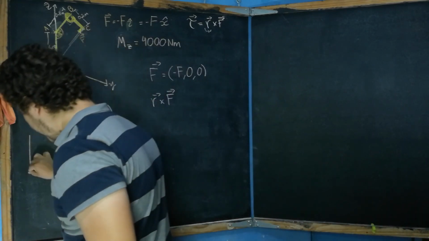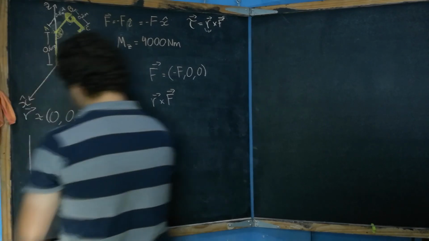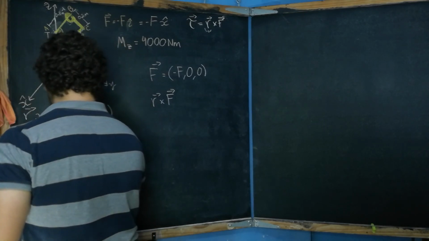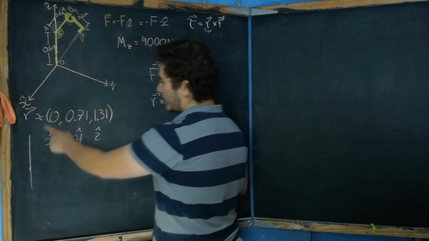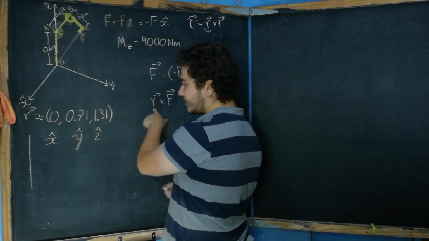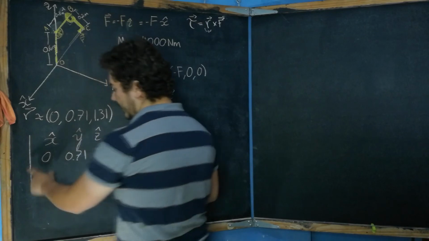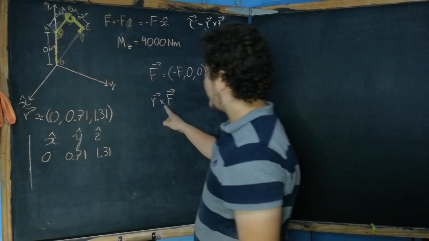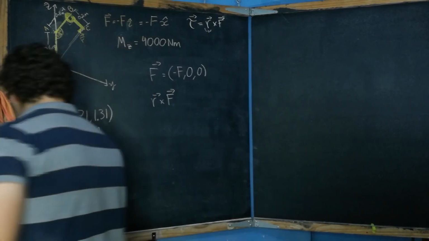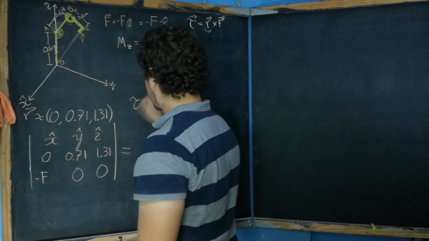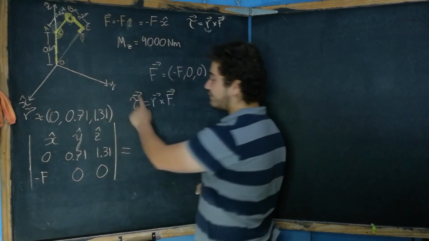We do it by the matrix method. We write x, y, z, then the next row with the first vector, R: 0, 0.71, and 1.31. And in the third row, we write the second vector: minus F, 0, and 0.